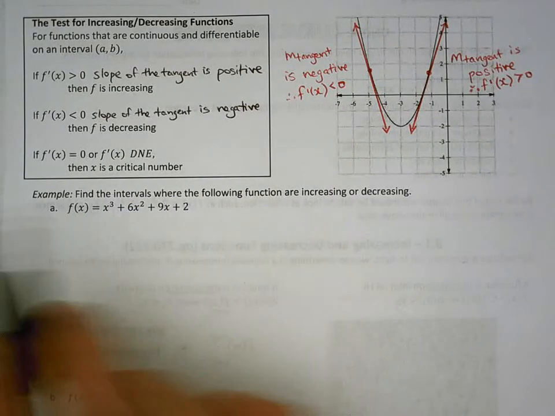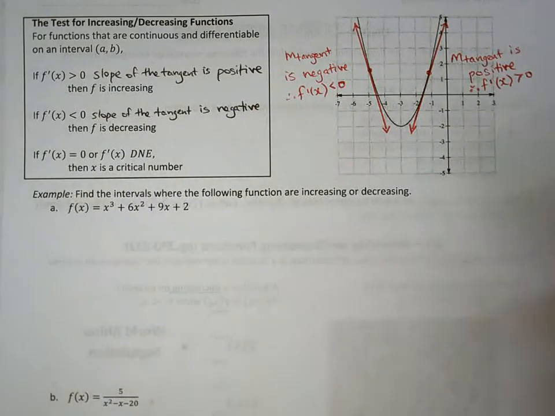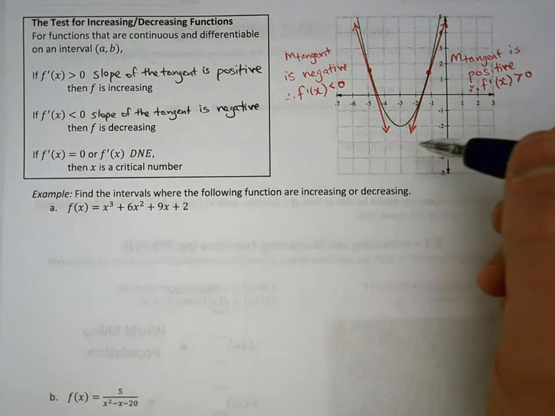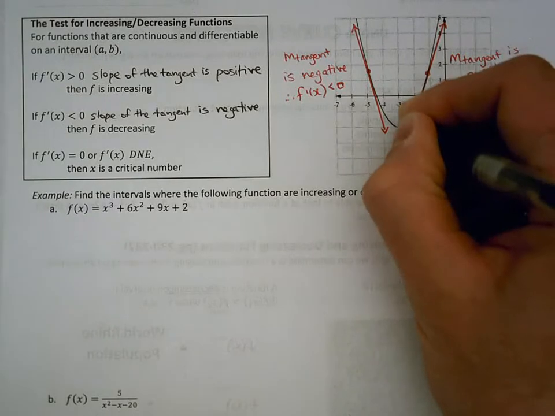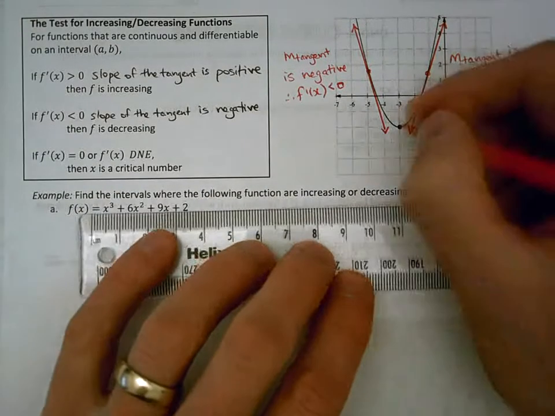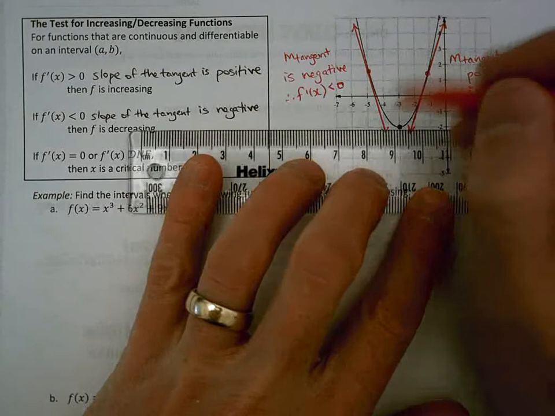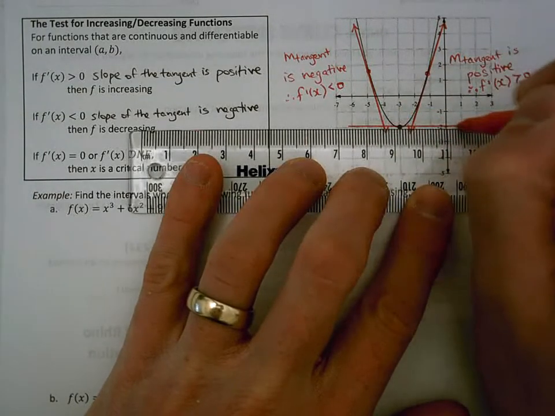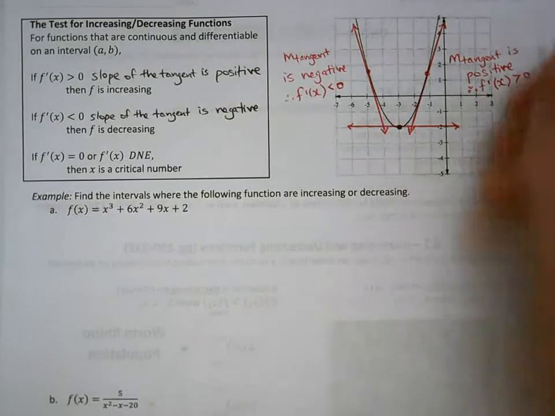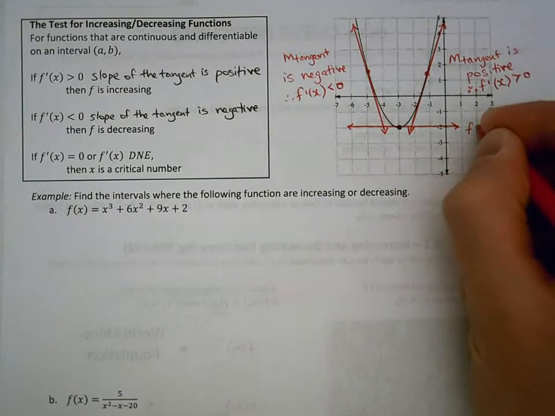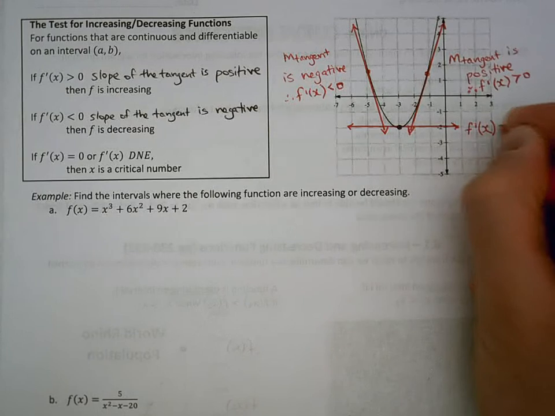What about these points where the derivative is 0? Where the slope is 0? Again, hopefully you remember, a point like this min point, this is where the slope is 0, or the derivative is 0.